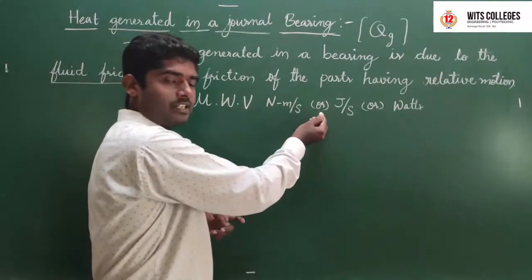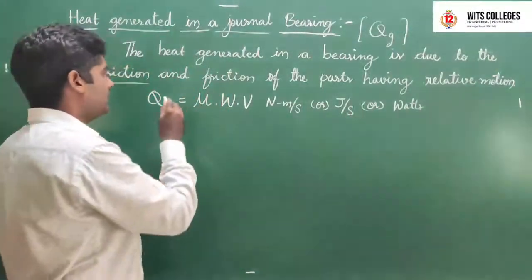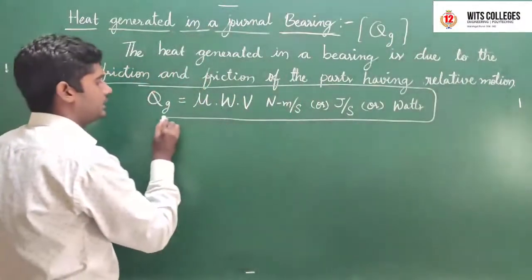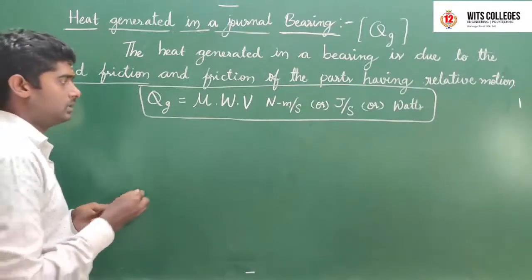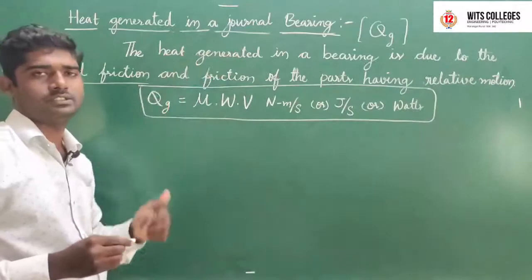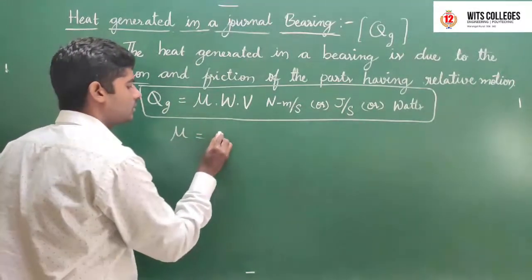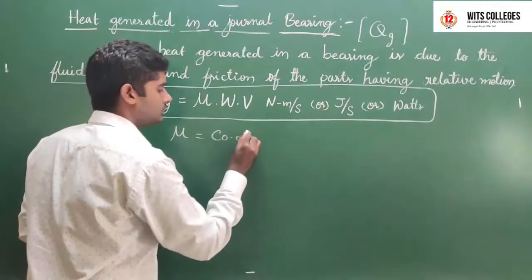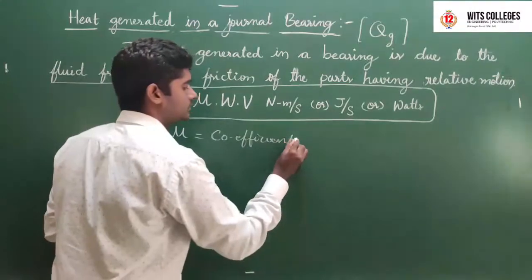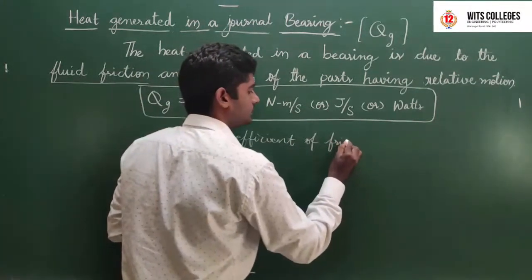This is one of the important equations. Here Qg is the heat generated in the journal bearing, and mu is the coefficient of friction.